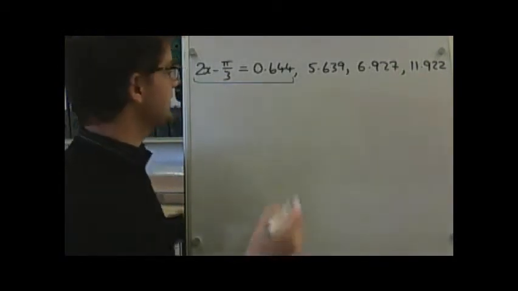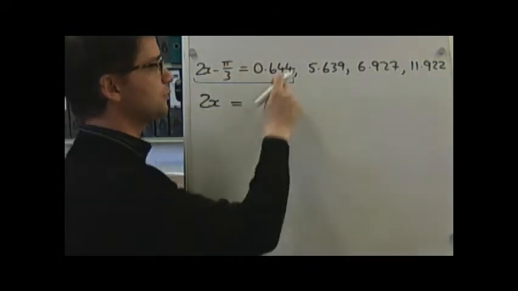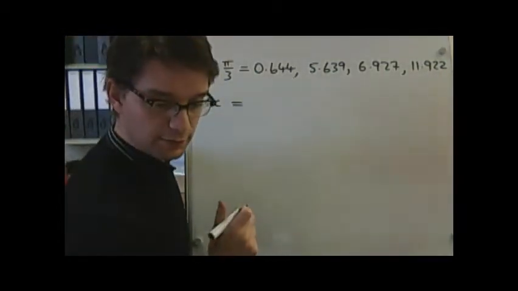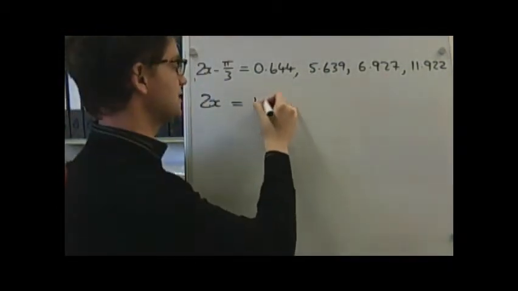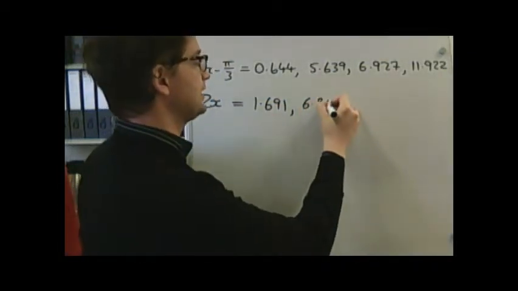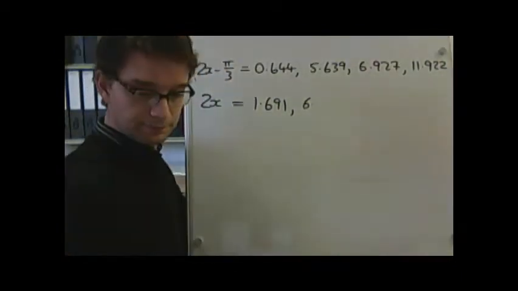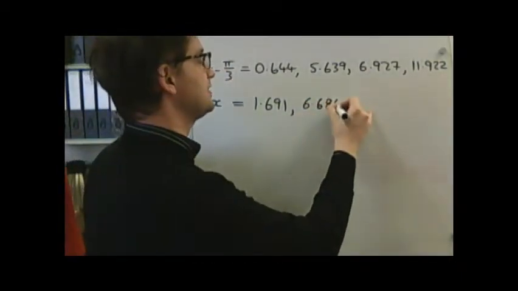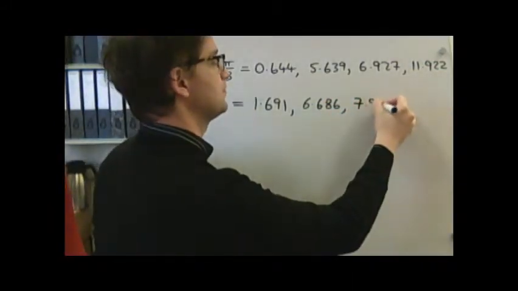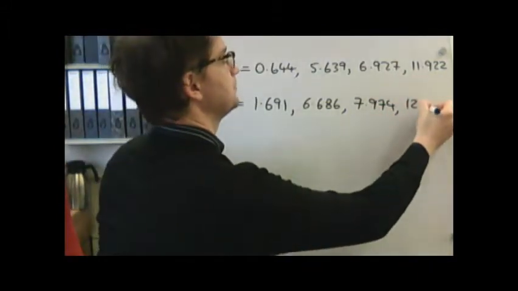The way I'd probably write it out is I'd next say 2x equals each of these things with pi by 3 added, which I think, as we said, comes to 1.691 for that one. Comes to 6.686 for that one, 7.974 and 12.969.